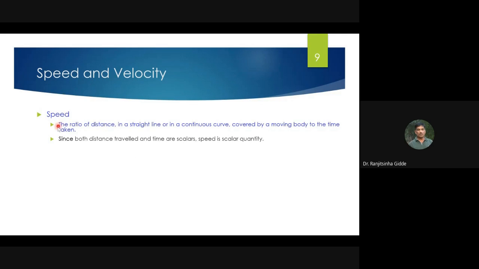So write down what you have written: speed, the ratio of distance in a straight line or in a continuous curve covered by a moving body to the time taken.